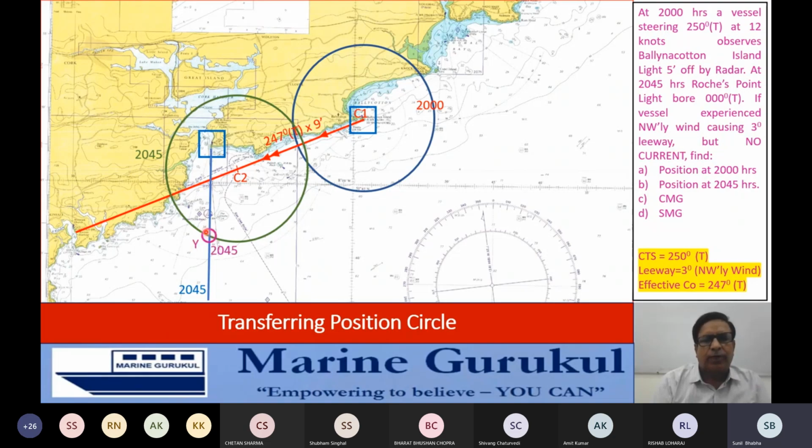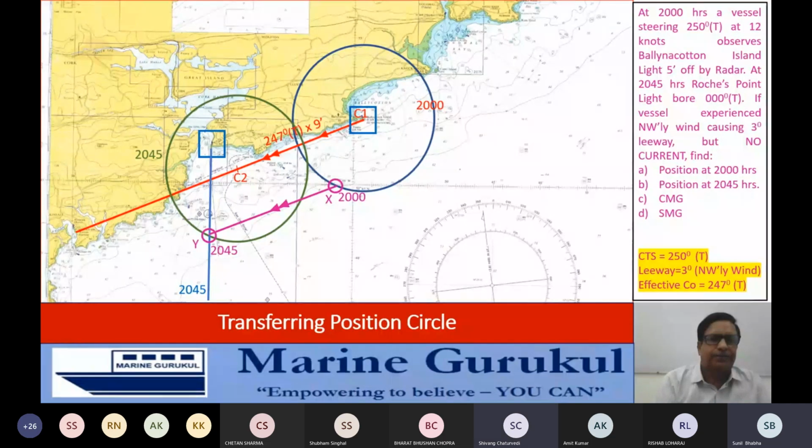That is the position point Y. That is the position at 2045. Now we transfer C1 C2 both in direction and magnitude through Y, and where it cuts the 2000 hour position circle, this point X is the position of the vessel at 2000 hours. So X is the position at 2000 hours, Y is the position at 2045, XY is the course made good, and XY distance is the distance made good in 45 minutes, giving us the speed made good.